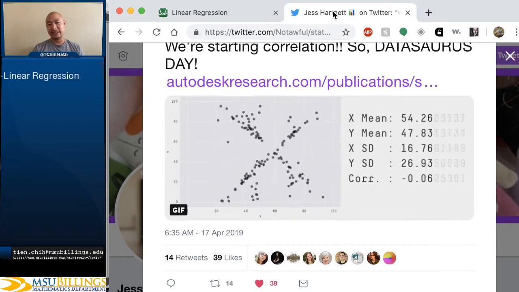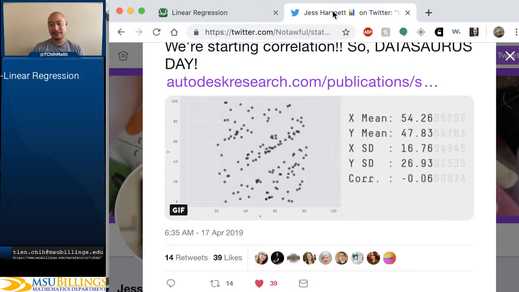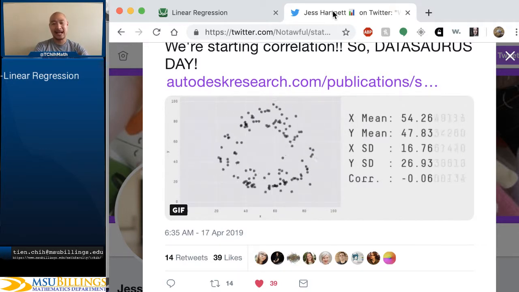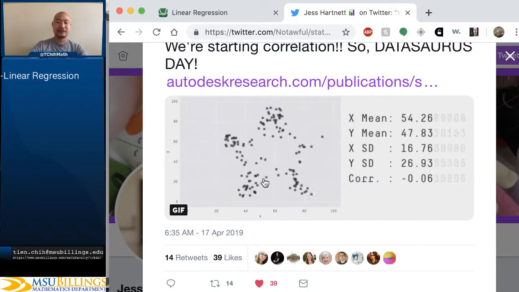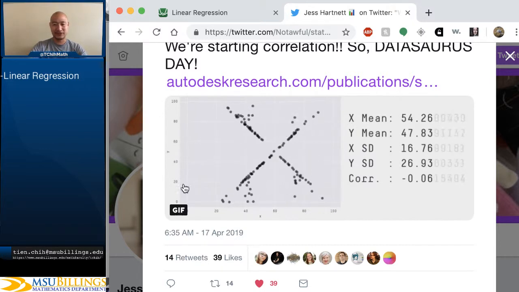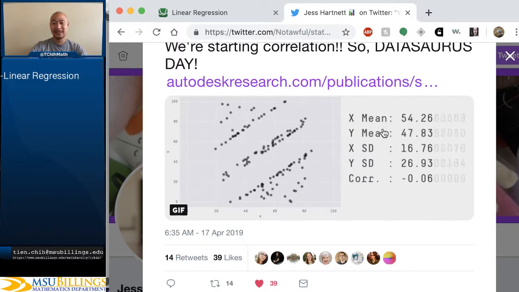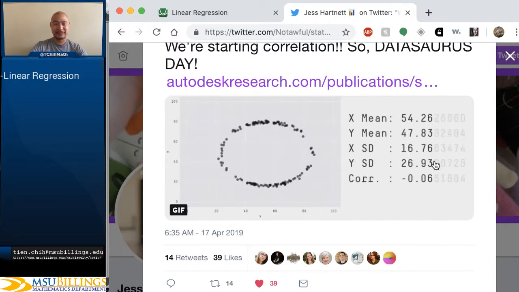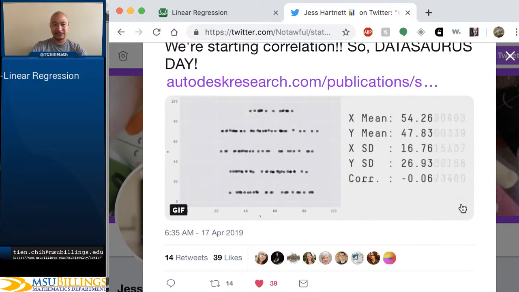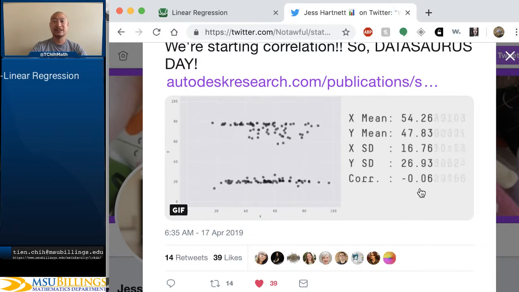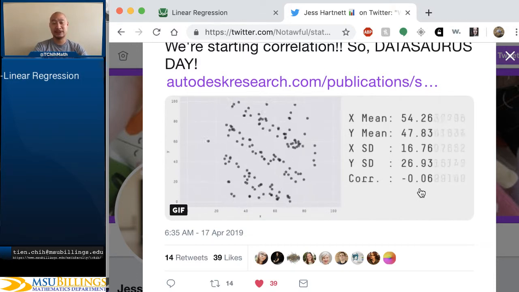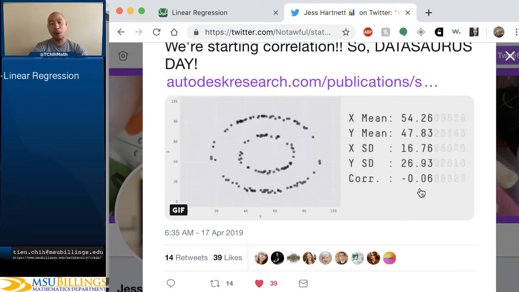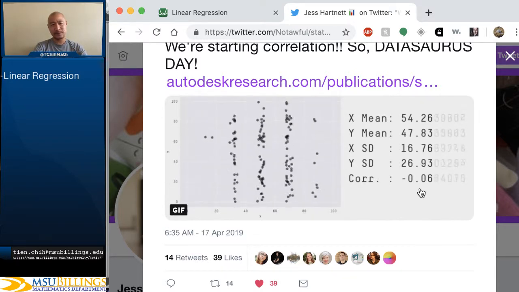This is a pretty common gif now amongst people who teach statistics, showing a bunch of different possible plots of data points with different x's and different y's. All the plots have roughly the same mean, roughly the same standard deviation, and roughly the same correlation, but they're totally different graphs, right?